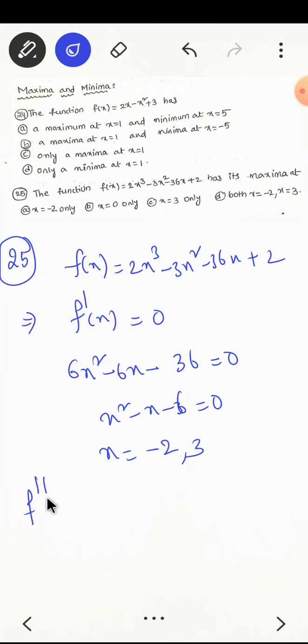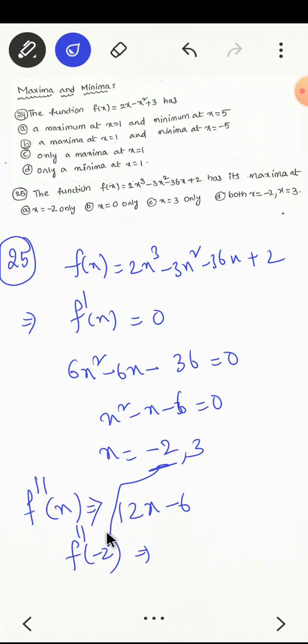Now find f double dash of x. What will be f double dash of x? 12x minus 6 is f double dash of x. So substitute at minus 2. f double dash at the point minus 2 gives a negative value, which is less than 0.